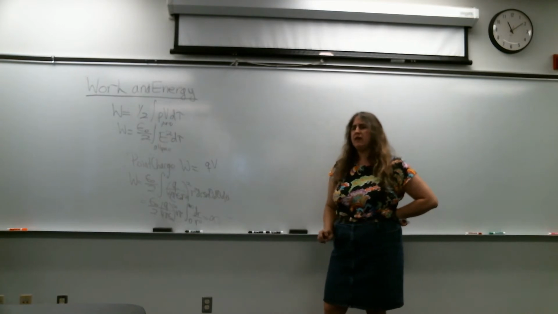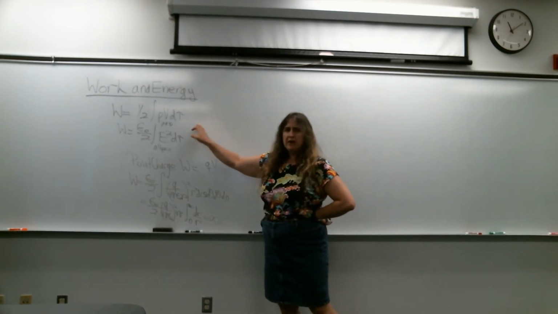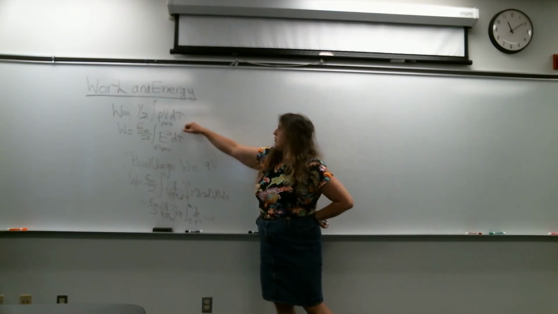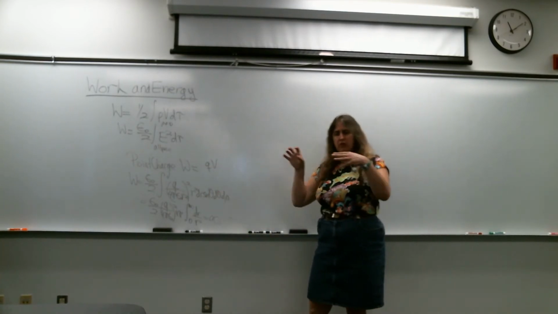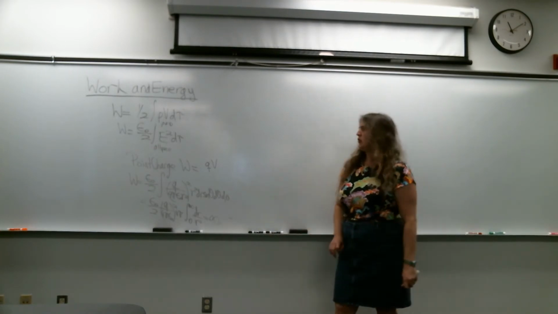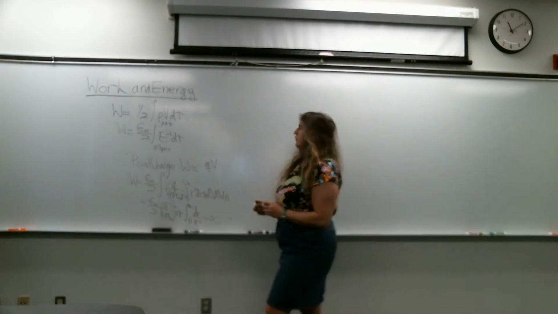Despite the fact that I said, when we went from the summation expression over here, going from a series of discrete charges over to a continuum of charge, that it was basically just a little bit of a difference.